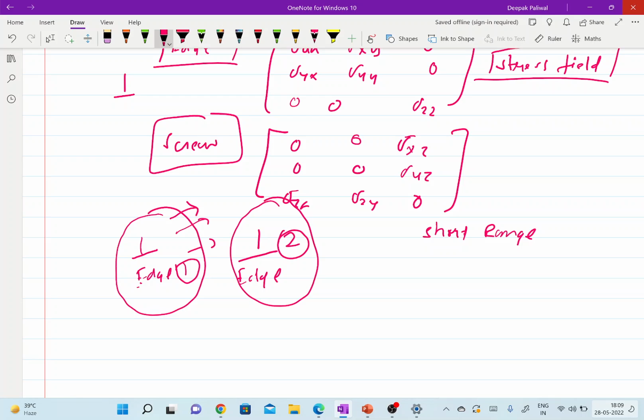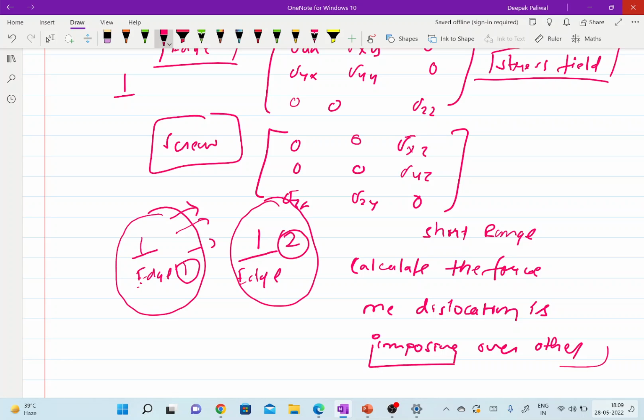Then both have a stress field, and that stress field will interact with each other. And when the stress fields interact, how can we calculate the force which one dislocation is imposing over the other.